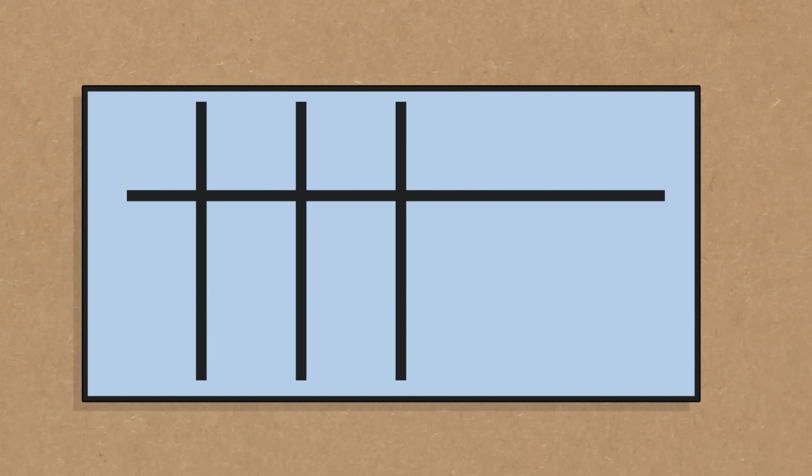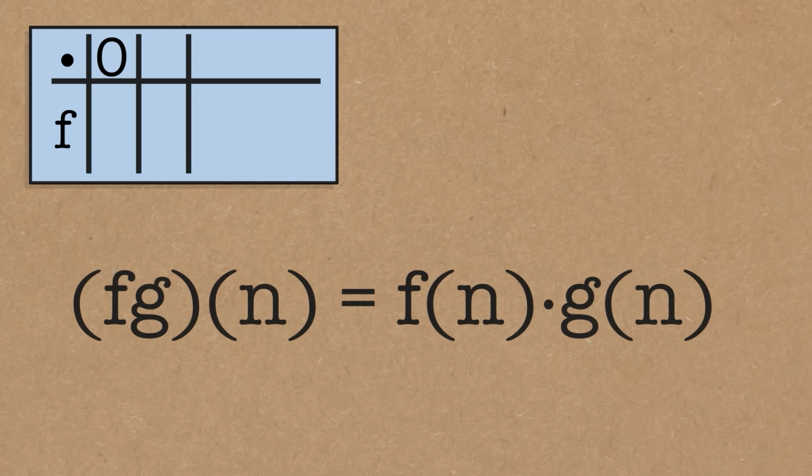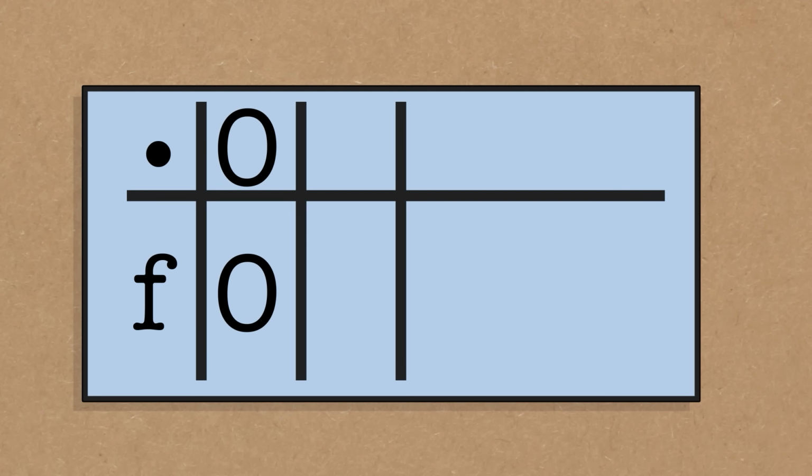So if I have a function f and I multiply it by the 0 function, how do you multiply two functions? So what is fg of n? All you're gonna do is just multiply their values, right? So if one of the functions is the 0 function, this is definitely gonna be 0 all the time. So I'm just gonna get the 0 function here, no wonders.